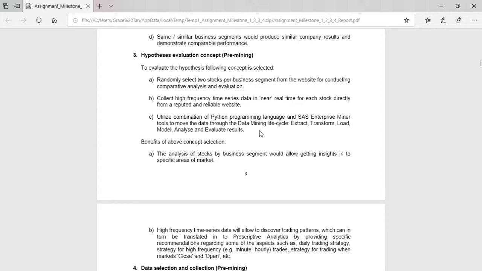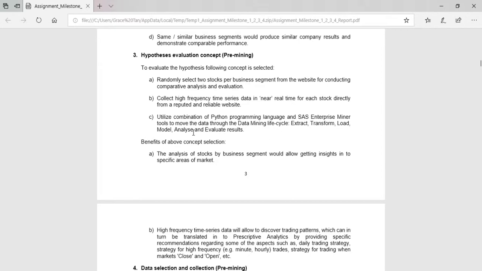And we will be using those tools to push our data from front to back in the data mining pipeline, which is extract, transform, load, model, analyze, and evaluate, which are the primary steps of the data mining lifecycle.